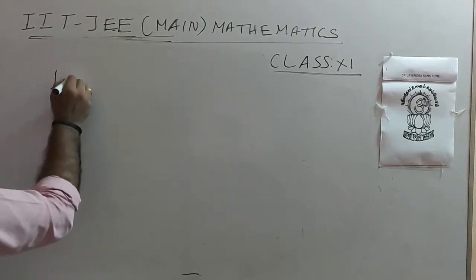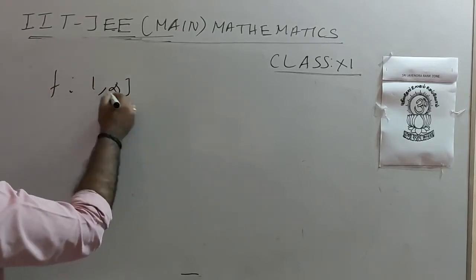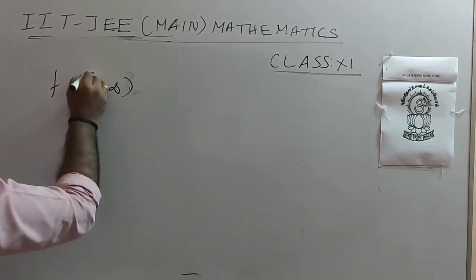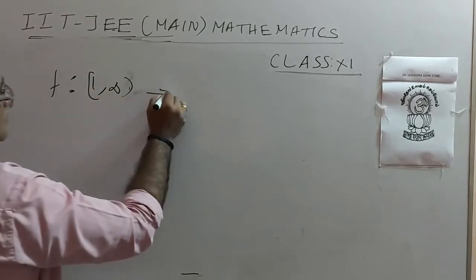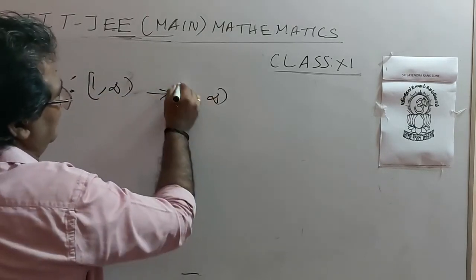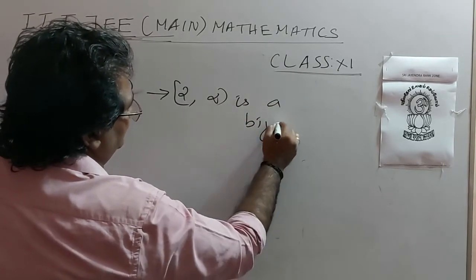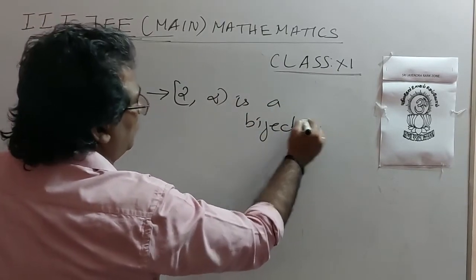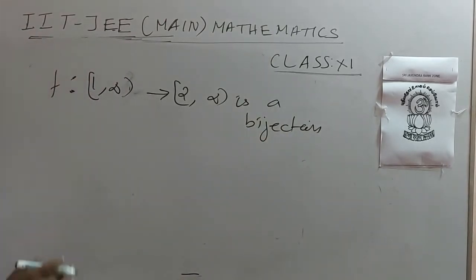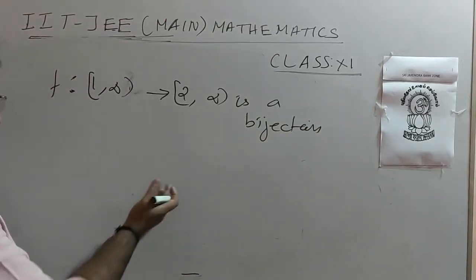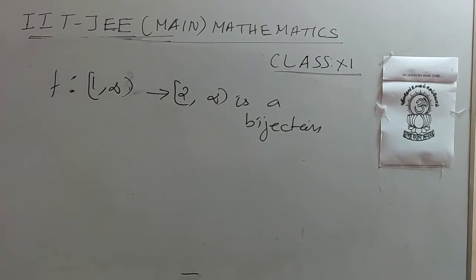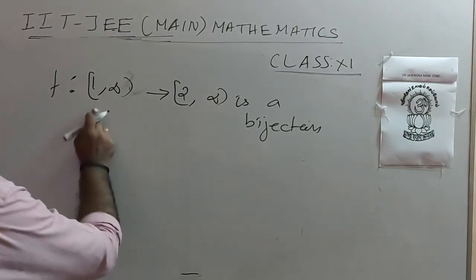So f from [1, infinity) to [2, infinity) is a bijection. That means both one-one and onto. One-one means different elements give different images. You can check it easily. Onto means every element in the codomain will have a pre-image.